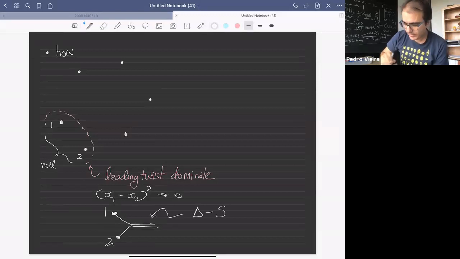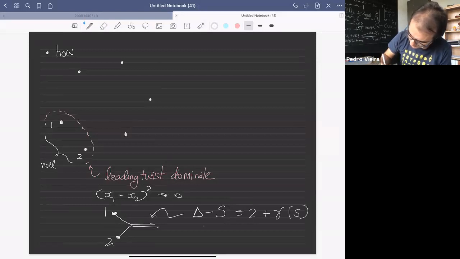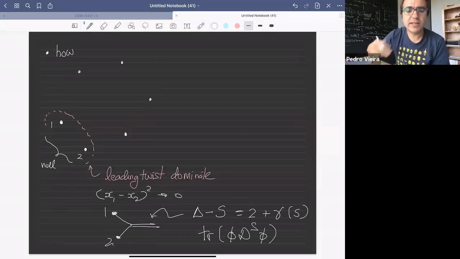Twist is dimension minus spin, right? So what are the leading twist operators in N=4? They have twist 2 plus some anomalous twist that depends on the spin. These are operators schematically of the form trace phi D^s phi that I would have in any non-abelian conformal gauge theory.